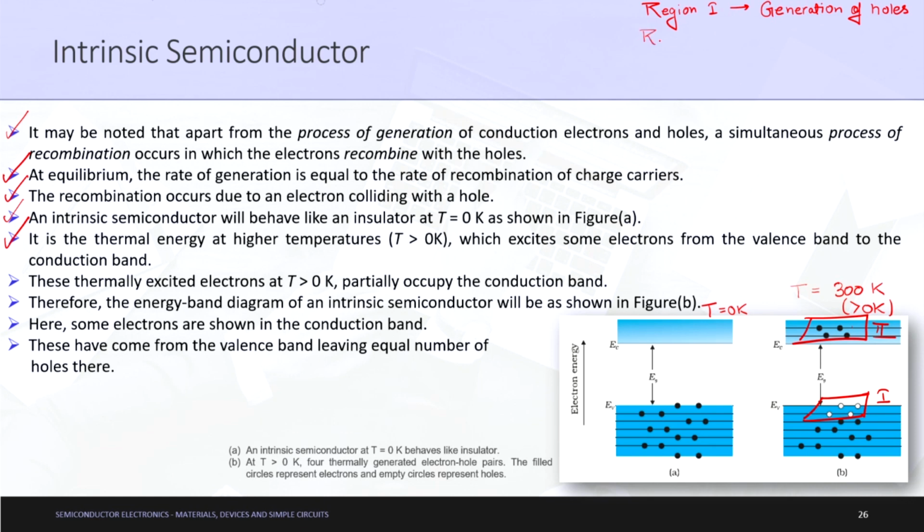And what happens in region 2? Recombination happens. What is recombination? Basically collision of holes with electrons.